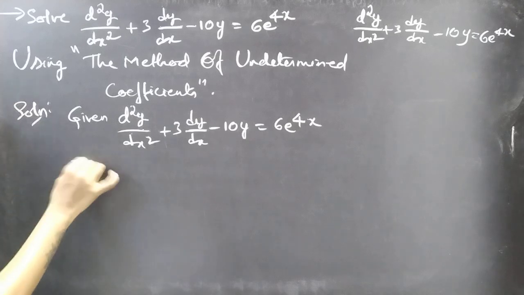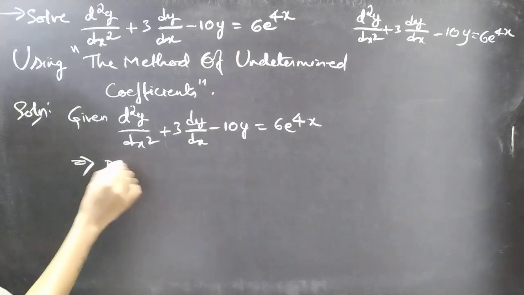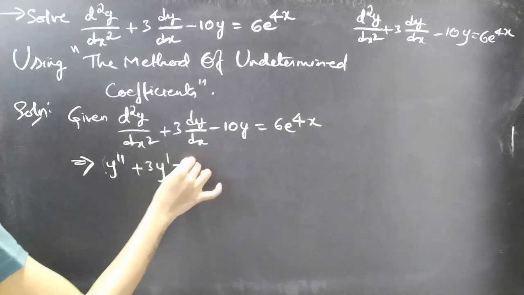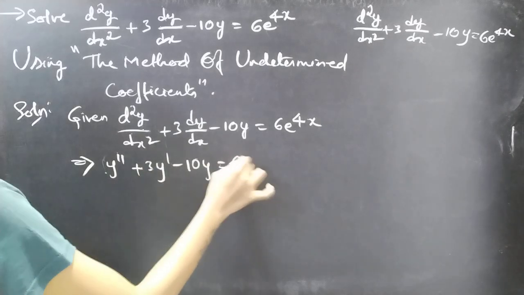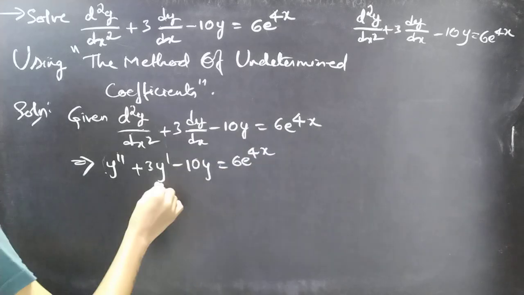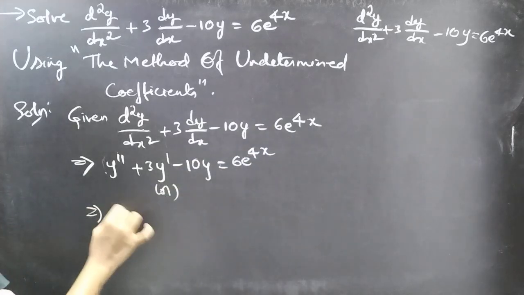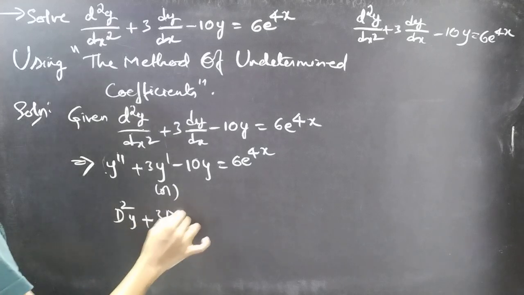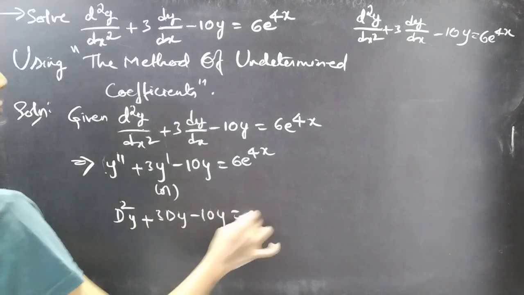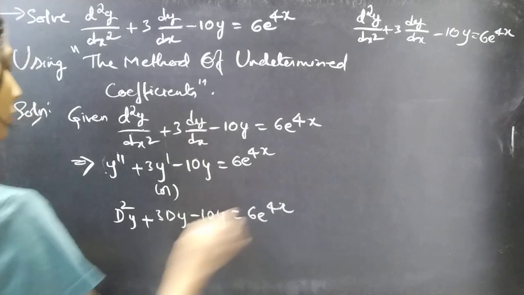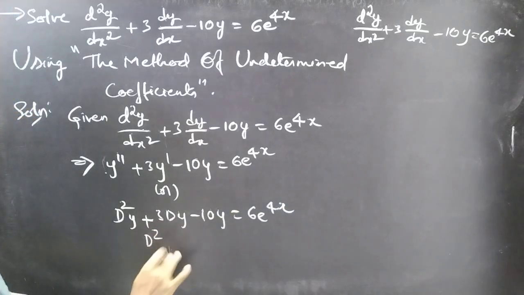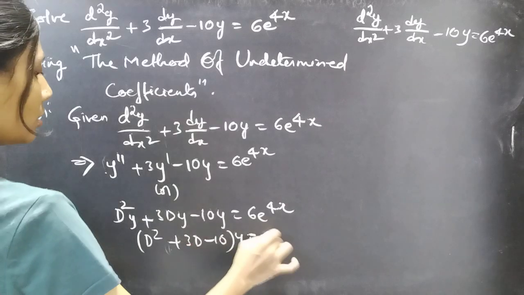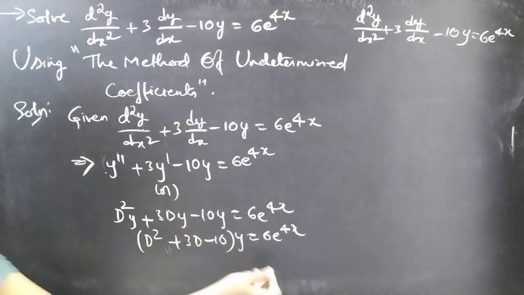We can write this as y double dash plus 3y dash minus 10y equal to 6 e power 4x, or d square y plus 3dy minus 10y equal to 6 e power 4x, or d square plus 3d minus 10 into y equal to 6 e power 4x, which is in operator form.